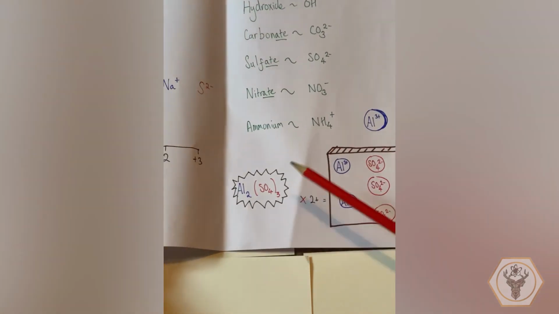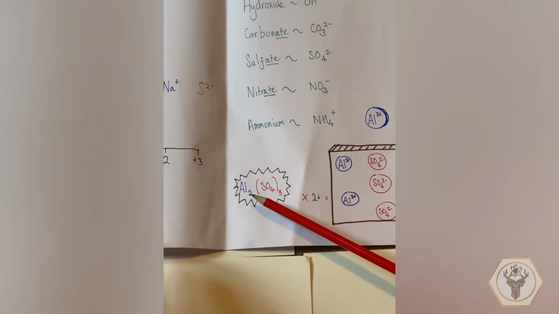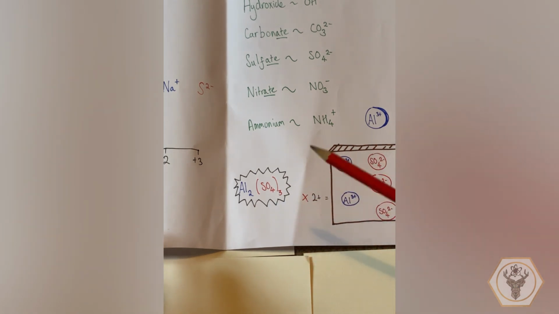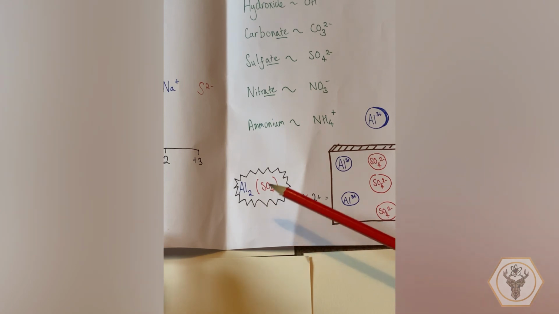All I then do is convert it into a formula, Al2(SO4)3. Now, you might notice I've put some brackets around the SO4, the polyatomic ion. The reason for that is because if I hadn't, what I would have written would have read Al2SO43. And unfortunately, that's not what I was trying to say. That would have meant I had 2 aluminiums, 1 sulfur, and 43 oxygens.